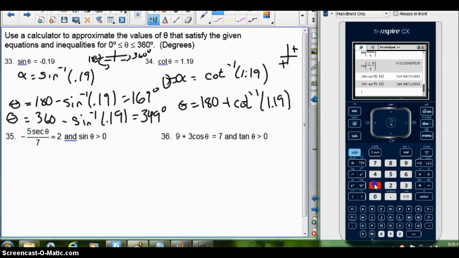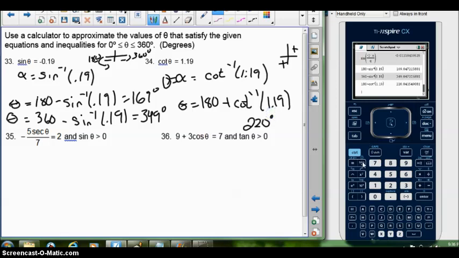So 180 plus inverse cotangent of 1.19. Okay, we get 220 degrees.